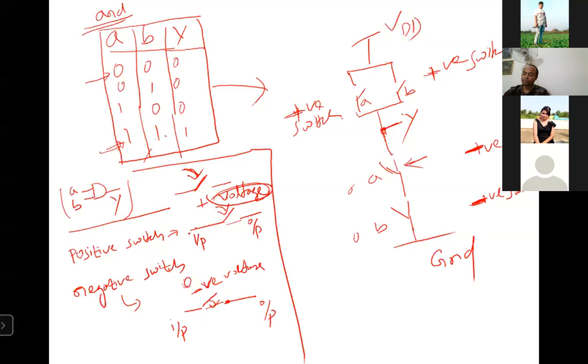This switch will be off because it's a negative switch, and if a negative switch is given 1, then it will be off. So this will be off and this will be off. This ground will not be connected, rather the upper side switch will be connected, and here the output will be equal to 1.